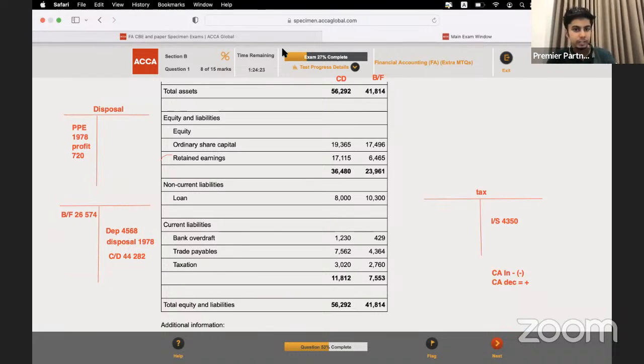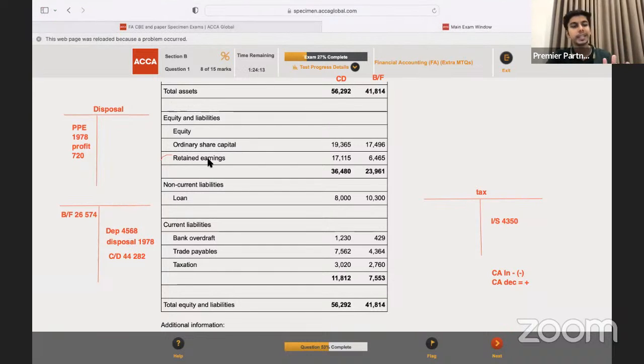Now, guys, always in your exam, you go to the format and see in financing activity, is there something called dividends paid? If dividends paid is not asked, you don't need to worry about the retained earnings. Retained earnings must only be looked at in a situation where the organization has paid dividends. Unless otherwise, you don't need to focus on the retained earnings. Only when there is what? Dividends paid.